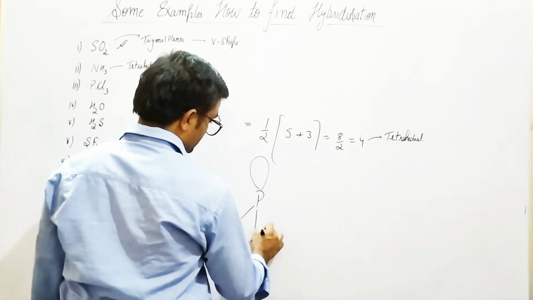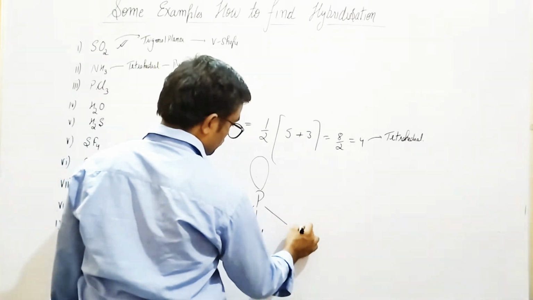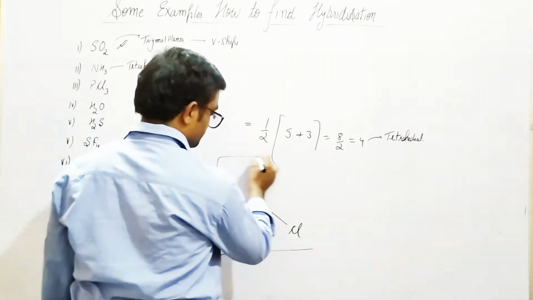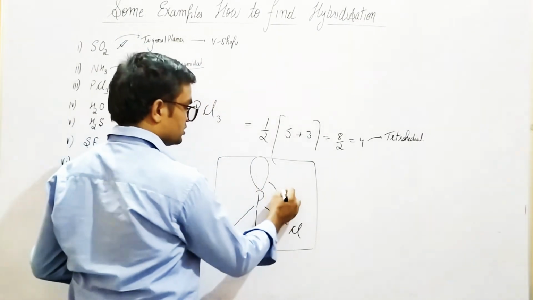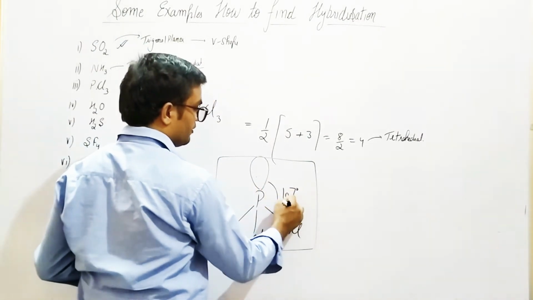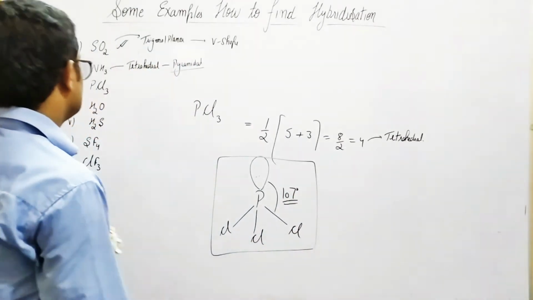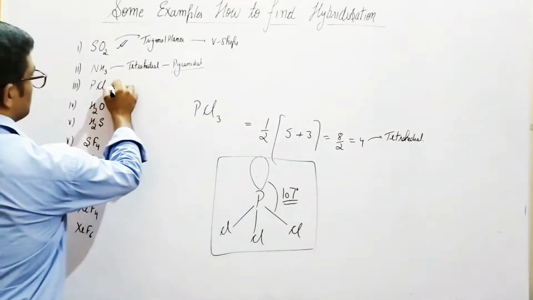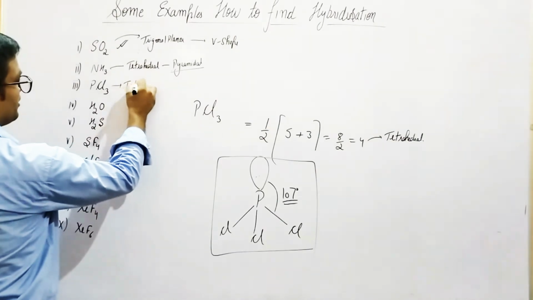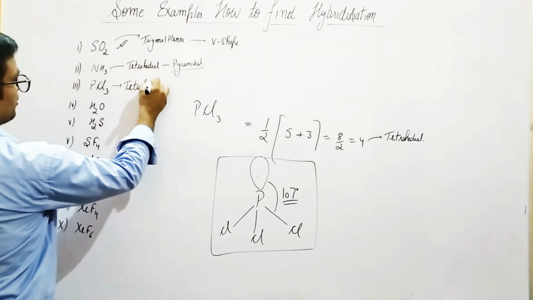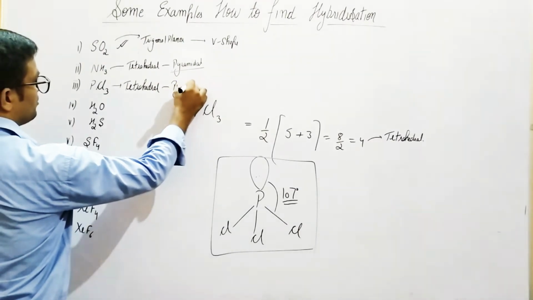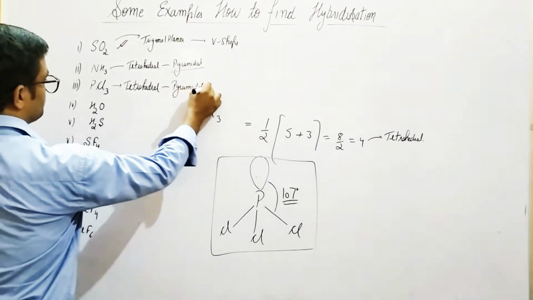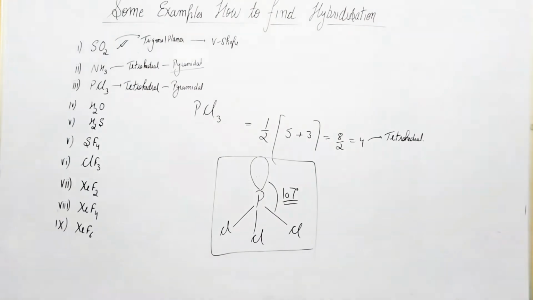It is an example similar to NH3. The angle will be the same, approximately 107 degree. Therefore, it also has a tetrahedral structure, while the shape comes out to be pyramidal.